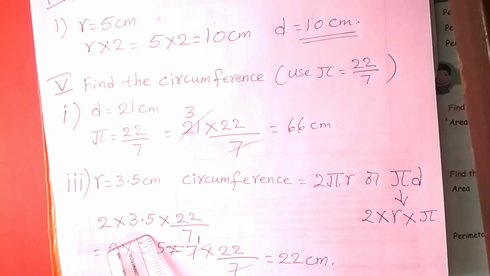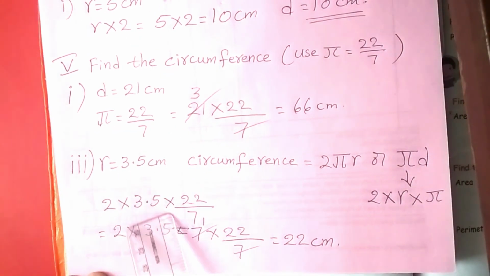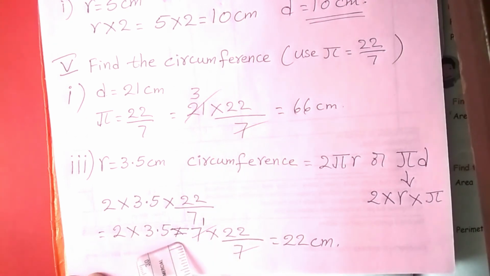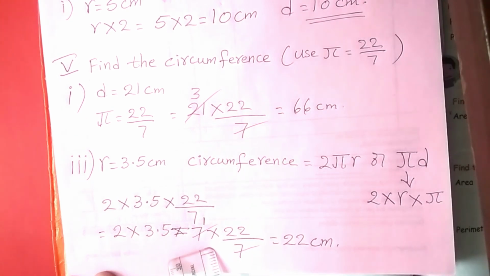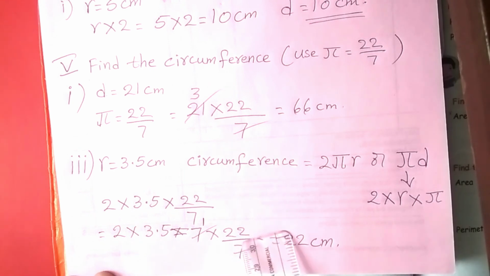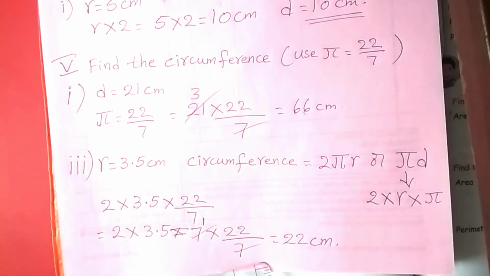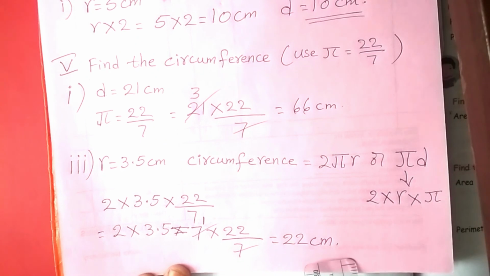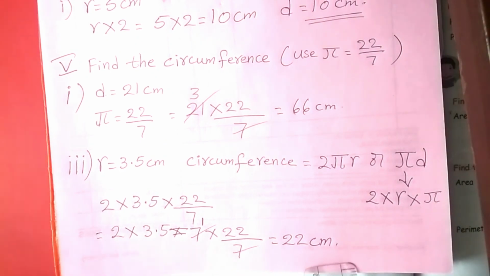See here, 2 into 3.5 into 22 by 7. Now 2 into 3.5 is equal to 7. Then 7 into 22 divided by 7. 7 ones are 7, so cancel the two 7s and 1 remains. So 1 into 22 is equal to 22 centimeters. The rest of the sums you do on your own.